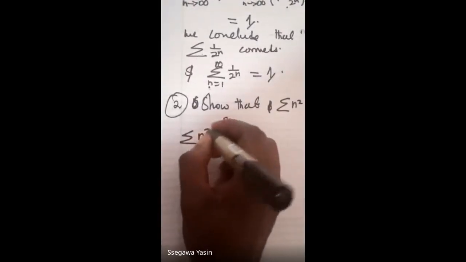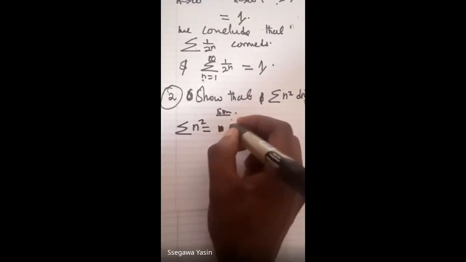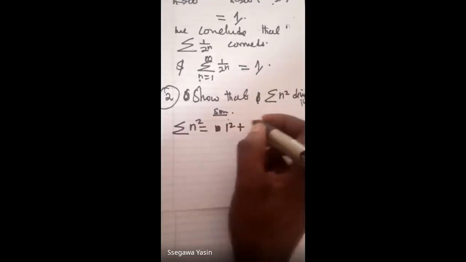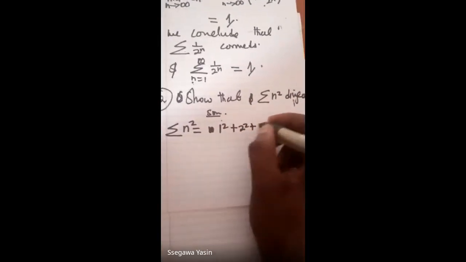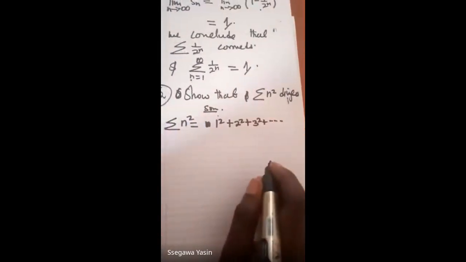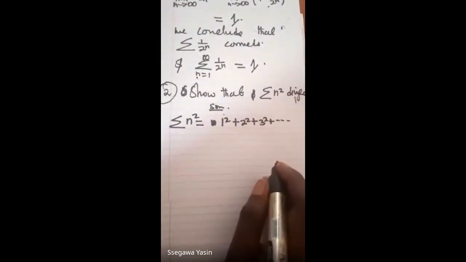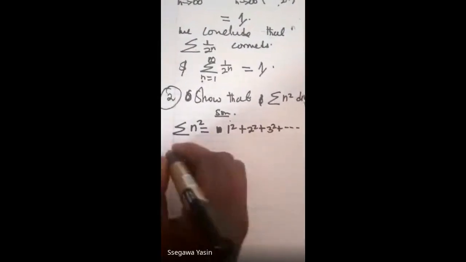So the sum of n squared equals 1 squared, 2 squared, 3 squared, plus others up to infinity. And if that is the case, we are taking a partial sum of this.